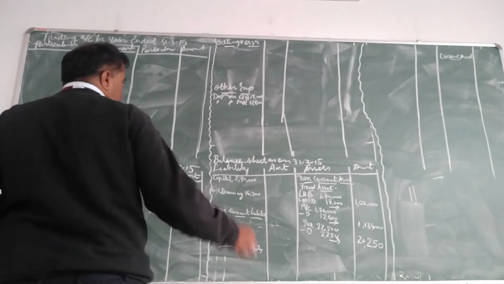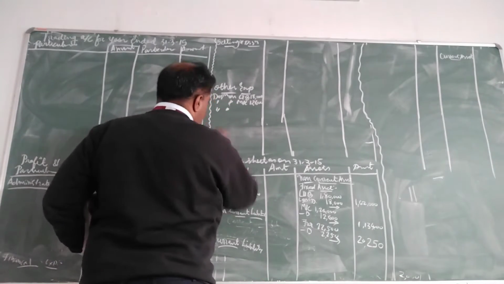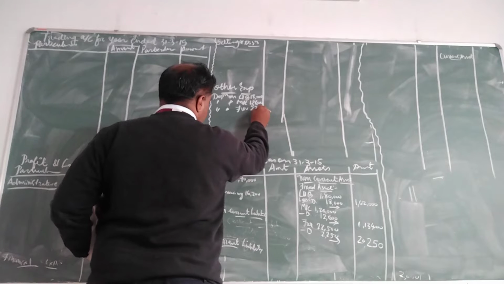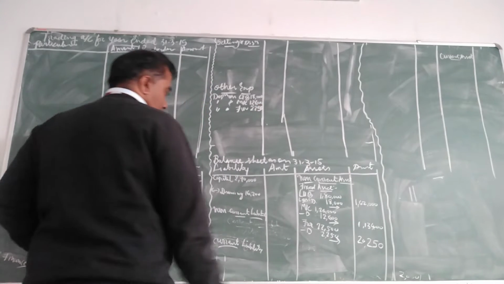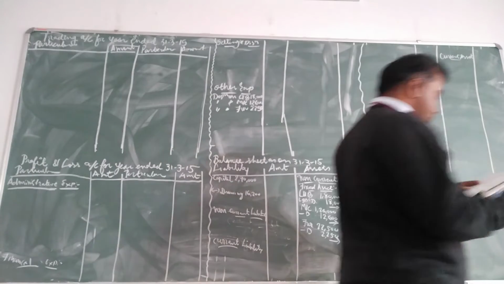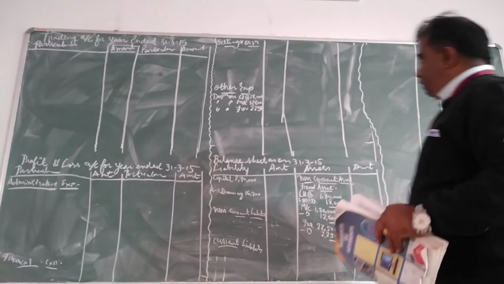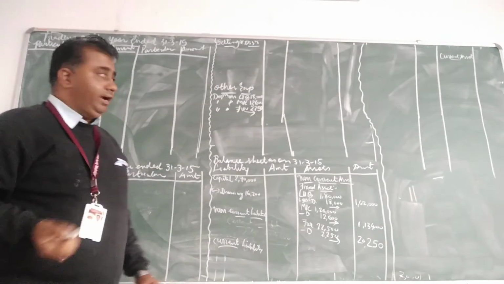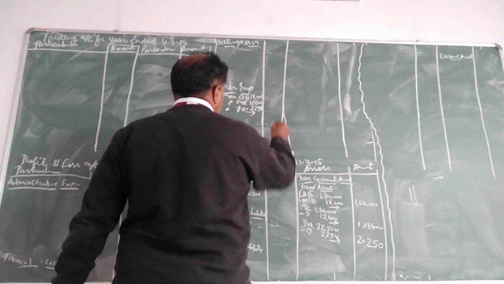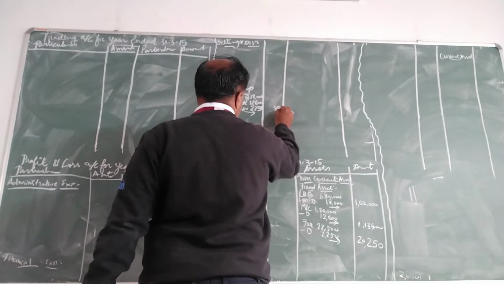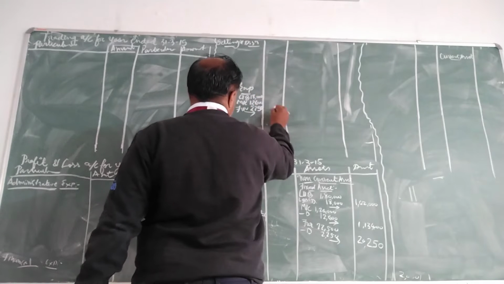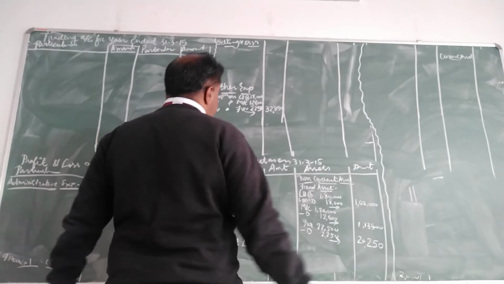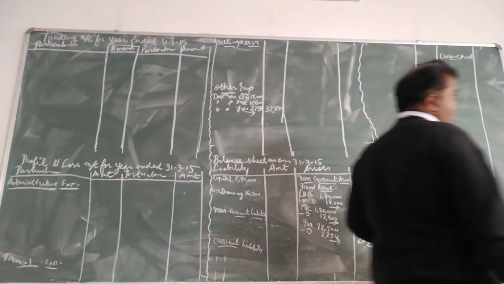Okay, here depreciation on furniture 2,250. Okay, now make the total of these three depreciation: depreciation on land and building, machinery and furniture. So after in the outer column, 32,850. Okay.